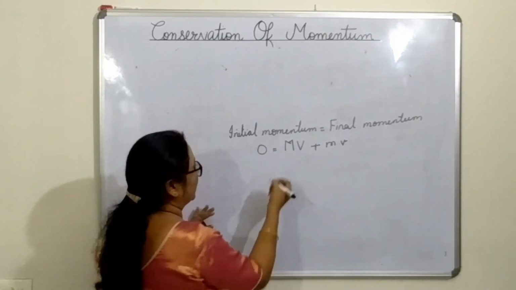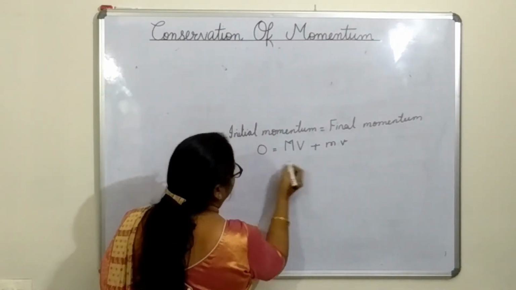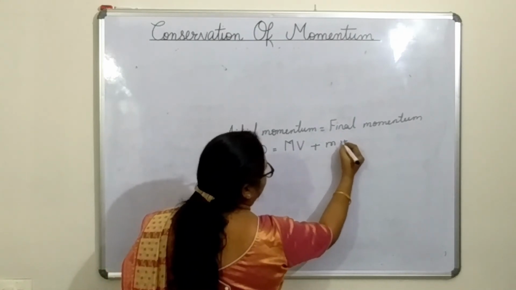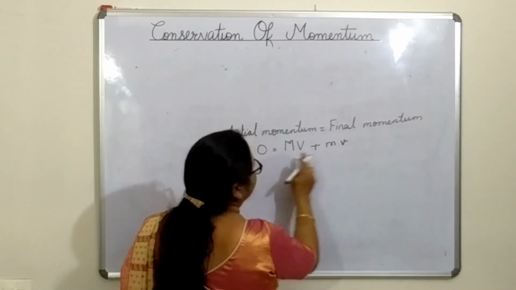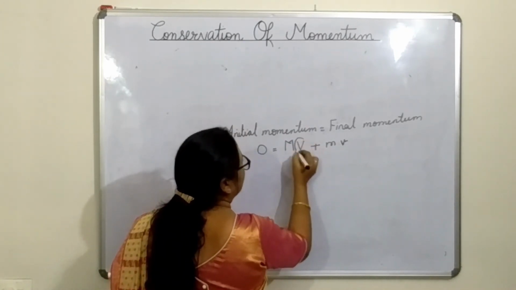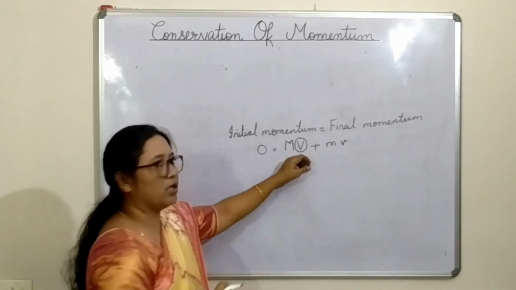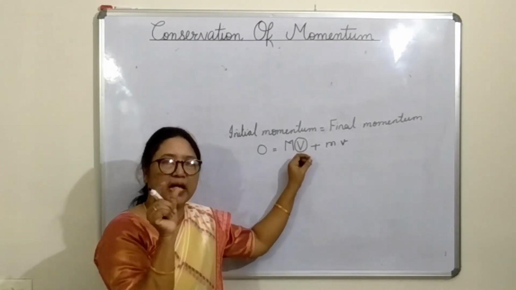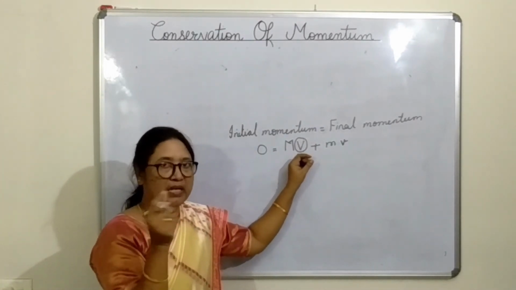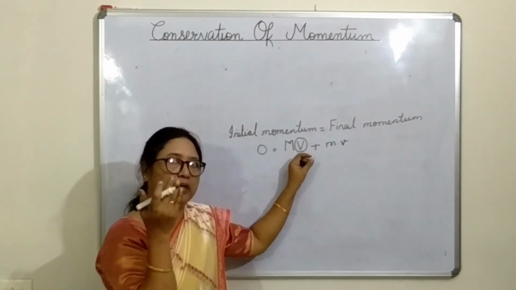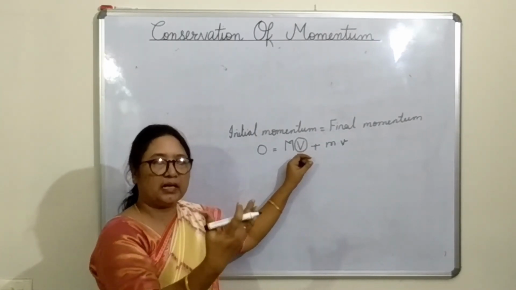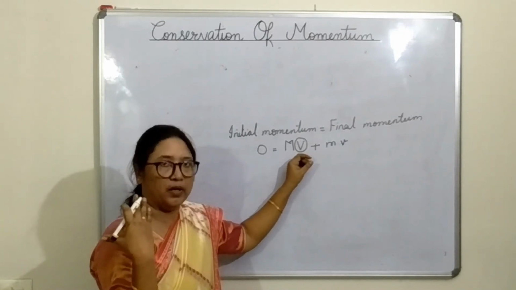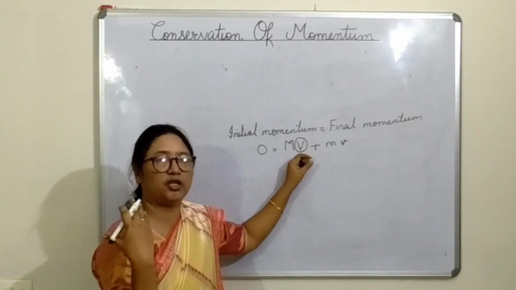Now we will see what we will get. Now this small v is the velocity of the bullet. We need to find the velocity of the gun because here we use that term recoil. Means when the gun is fired, what happens? The gun will move a little backward in the opposite direction of the bullet.